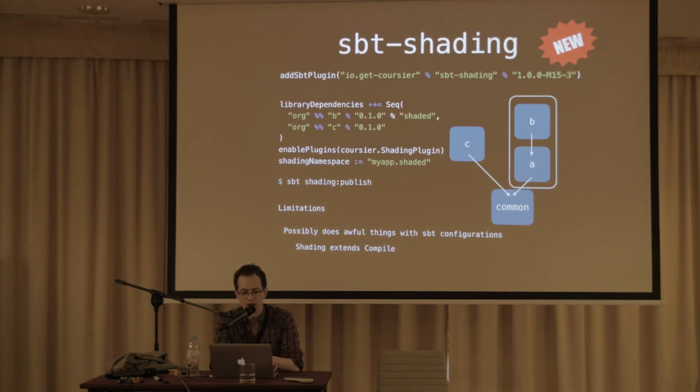When we call shading:publish here, this happens in a new SBT configuration called shading, and this configuration closely mimics what the compile configuration of SBT does. It's almost like compile, but for a few tasks that shading wants to handle, to generate the jar with shaded dependencies, for example.